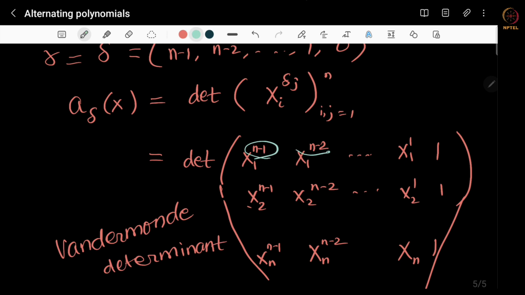Okay, similarly the second row looks like x2 power the very same things, and so on. Okay, now this is exactly the famous Vandermonde matrix. So the Vandermonde determinant, xn power n minus 2, xn power n minus 1. So the last row is just that.